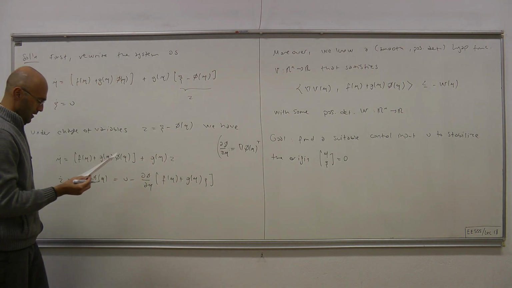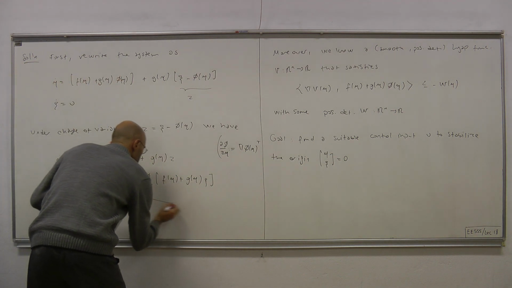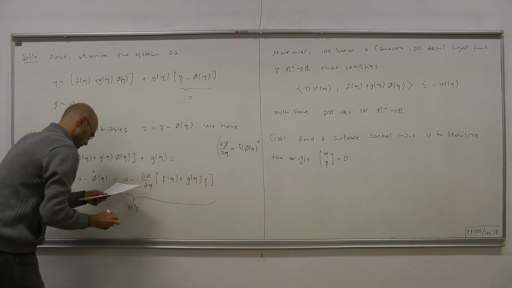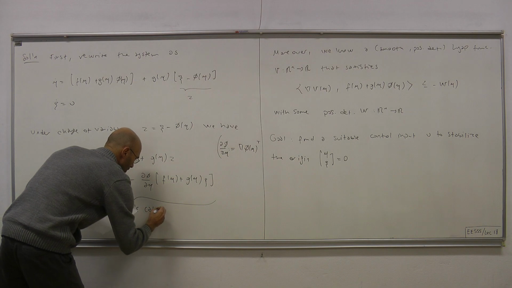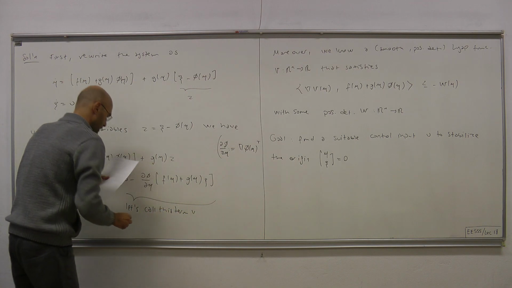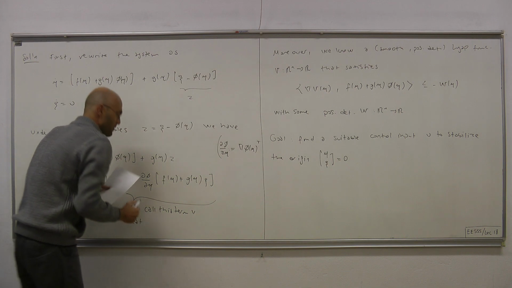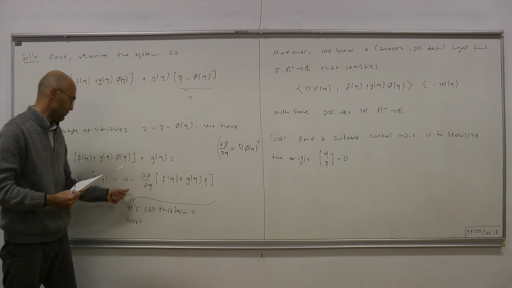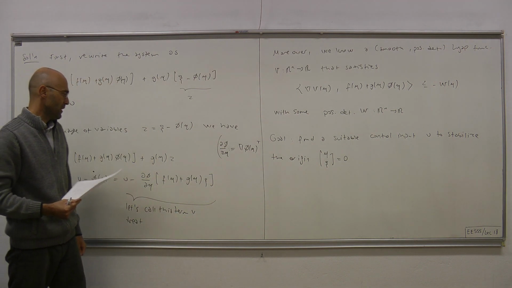Okay. Now let's call this whole thing V. Let's call this term V. Okay. And from now on we're going to treat it as if it's our control input instead of u. Okay.